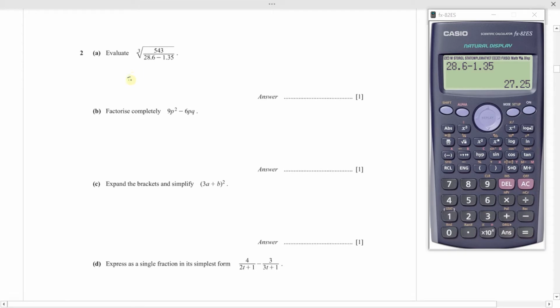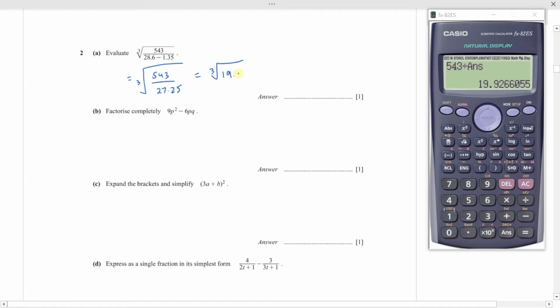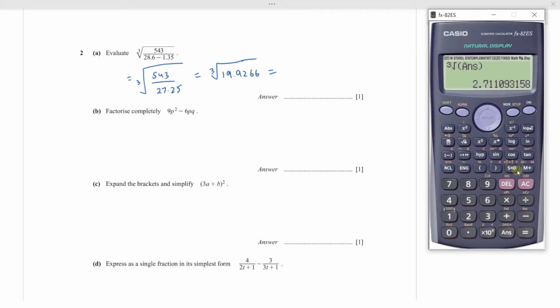So you will get 543 divided by 27.25 and then cube root. 543 divided by 27.25 will give you 19.9266. And then if you take the cube root of this, you will get 2.71 up till three significant figures. So your answer here will be 2.71.